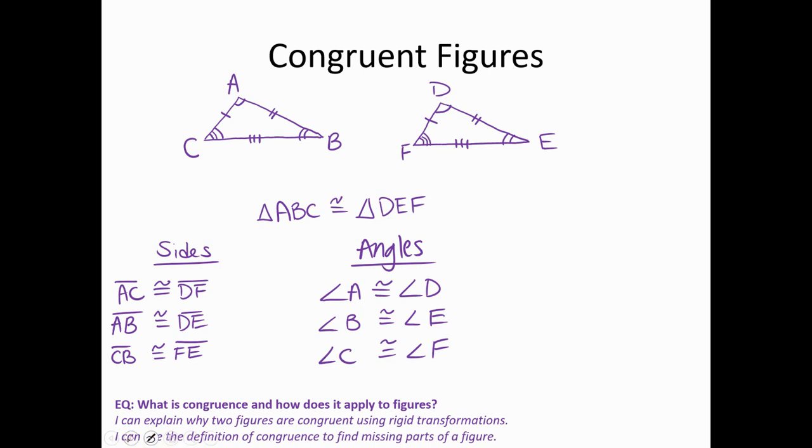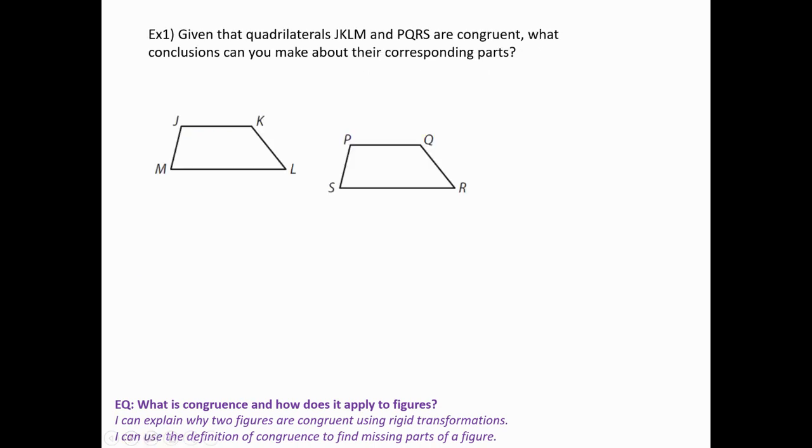All right, so let's take a look at the next one. Given that quadrilaterals JKLM and PQRS are congruent, what conclusions can you make about their corresponding parts? So this word corresponding, just to clarify, means the matching parts. So what could I say about matching parts like angle J and angle P?